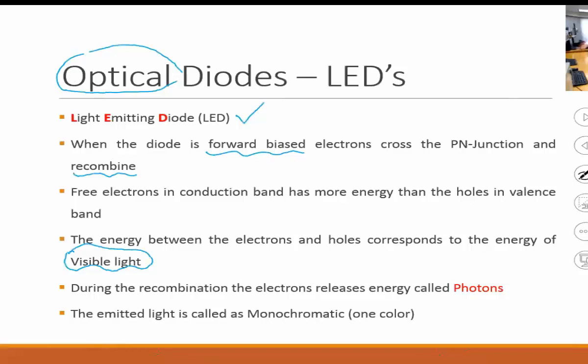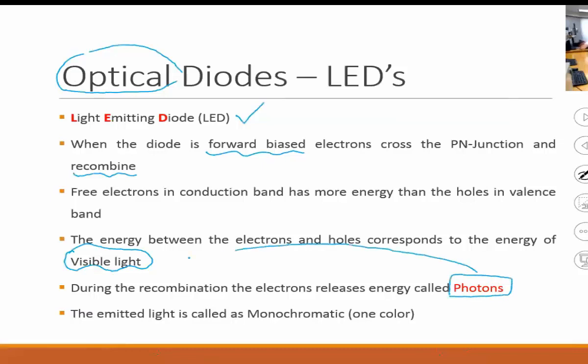So in a traditional diode, when you have a recombination, current will be allowed through the diode. In this case as well, when you have electrons and holes crossing the junction, you're going to have some current, but that recombination will provide you photons.